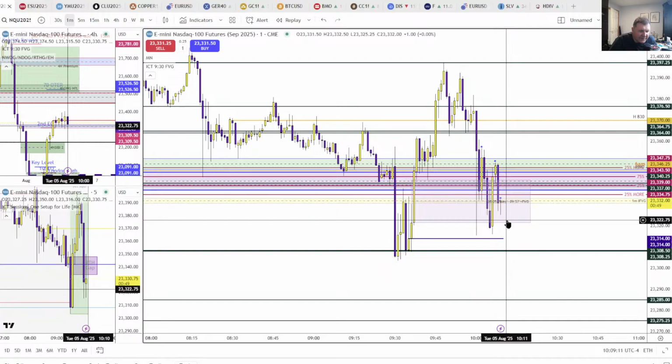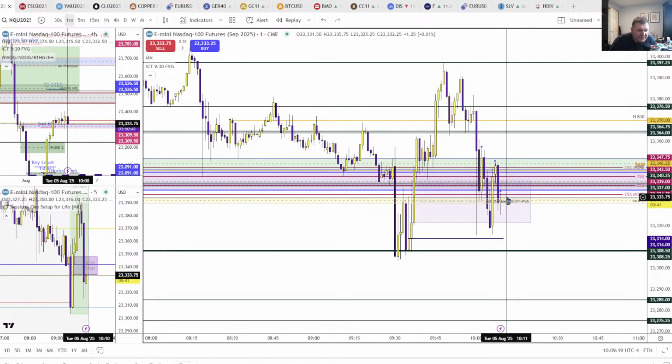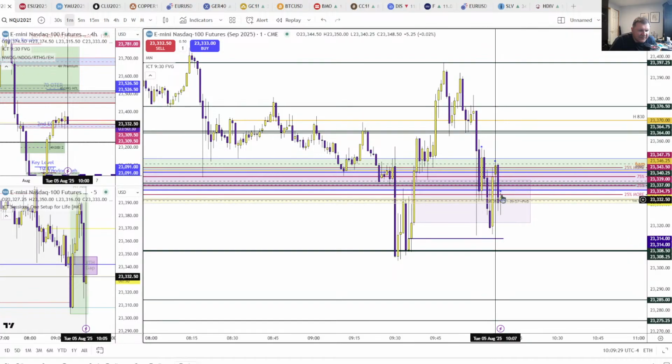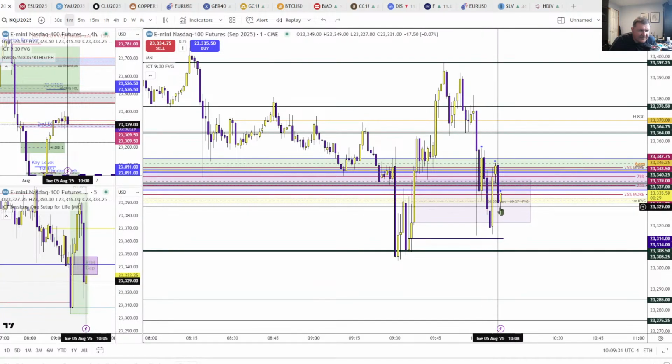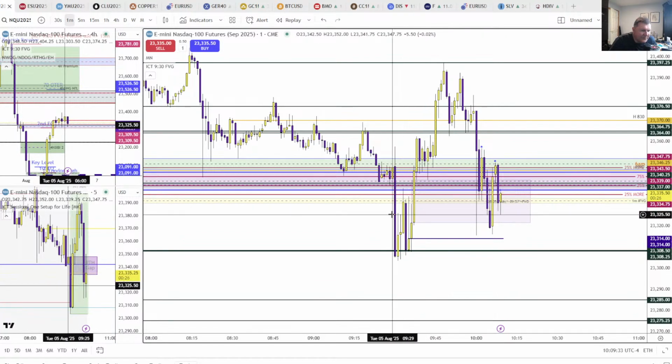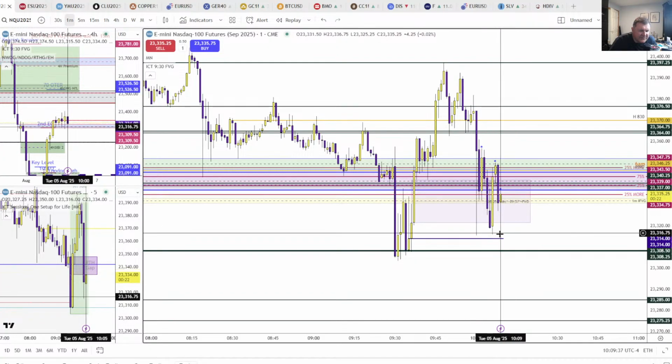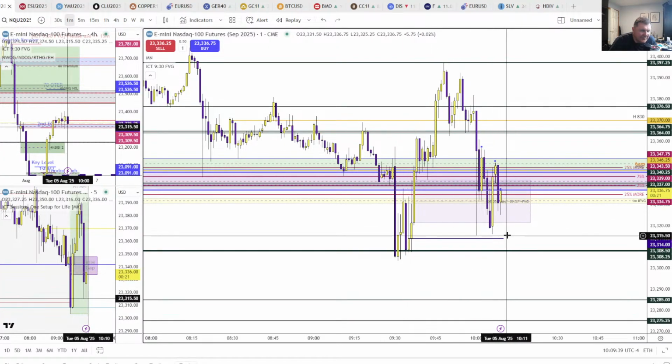Now start going higher. And now we've come back into this one here, so 338. It's going to pop back through that level. If not, that little imbalance right there is going to give way. We'll lose that 326. Mean threshold, rejection block, old lows, this imbalance.